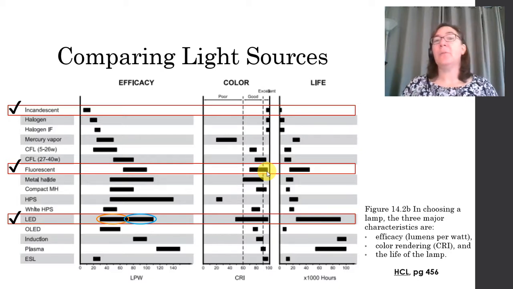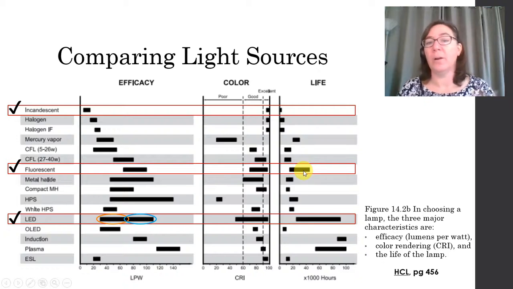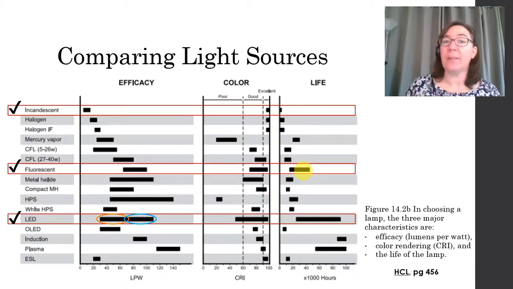If you're going to use it for indoor use, and typically your ambient or your task lighting, you want excellent color rendering index, so you'll need to specify that. And the lifespan of a fluorescent light source is pretty good. It's one of the higher or longer lived options. And so you can see why fluorescent is a very popular choice.